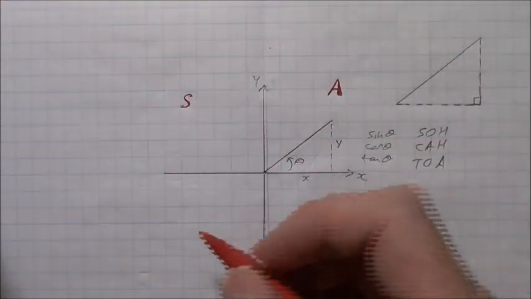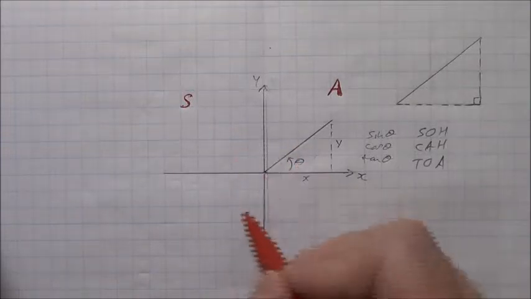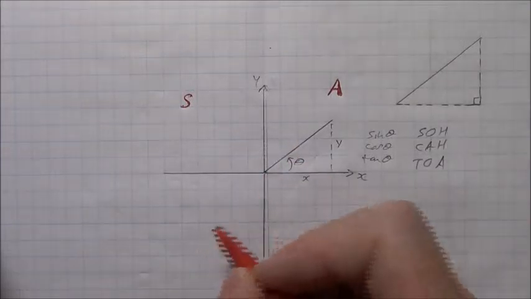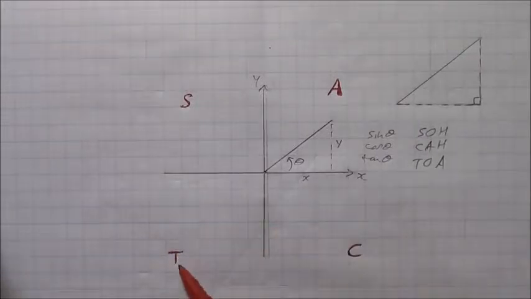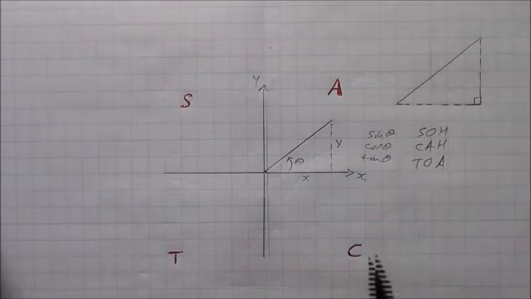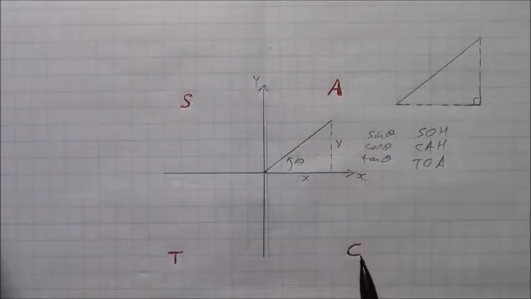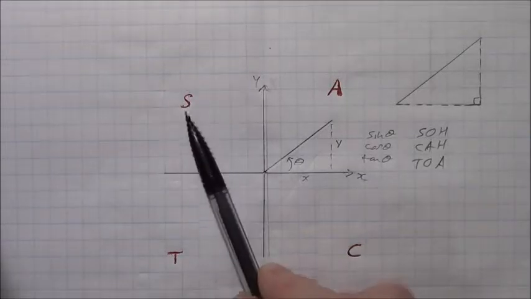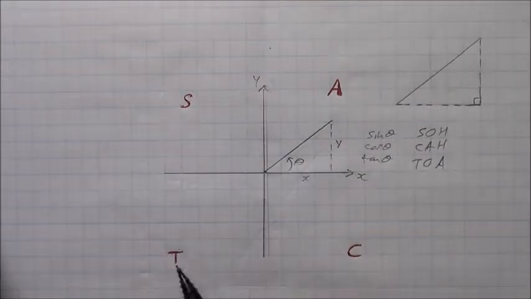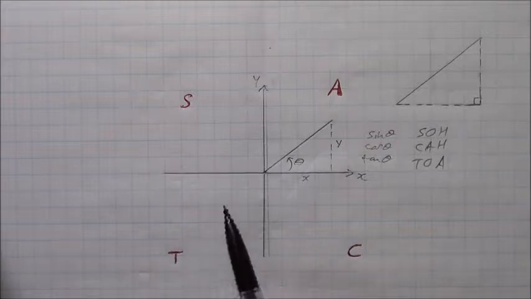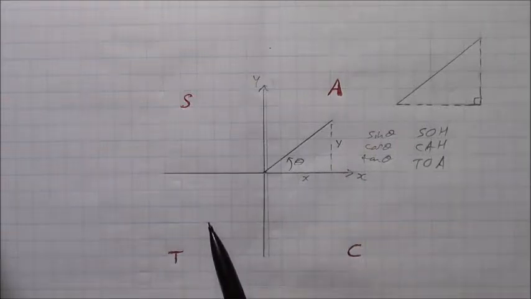And if the terminal arm rotates and stops in the third quadrant, then only the tangent ratio is positive. Where cosine is positive, sine and tangent are negative. When sine is positive, cosine and tangent are negative. And when tangent is positive down here, sine and cosine are negative.